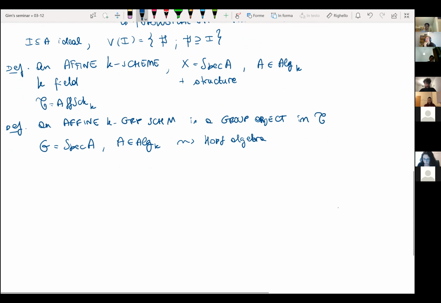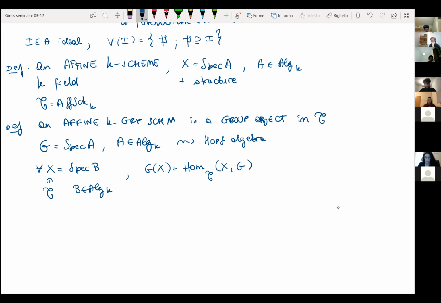So for what we saw before in a general category C, in this case, if we take an object X in the category of affine schemes, so X is the spectrum of some K-algebra B, the set of points that I denote by G(X), so these are the morphisms in the category of affine schemes from X to G, is a group.